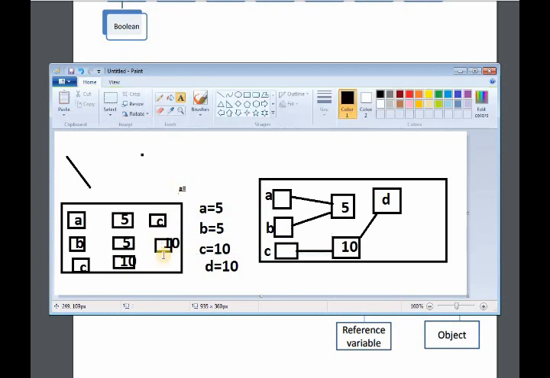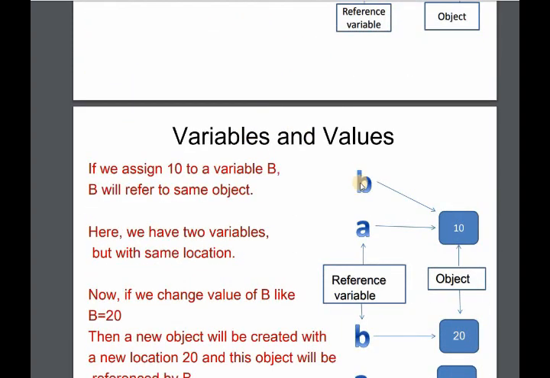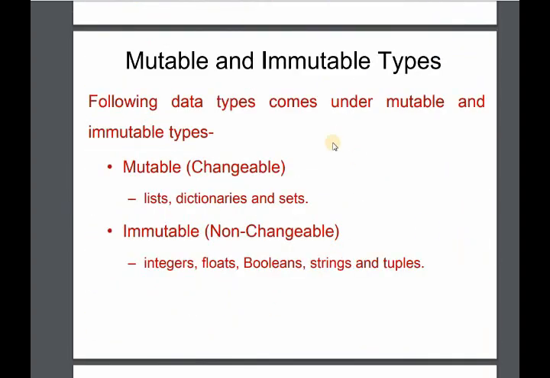So each and every variable will create a separate memory location. Here they can share the memory location, but the condition is they are using the same value. So this is variables and values. If B goes to 10 and A goes to 10, they will share the same value.